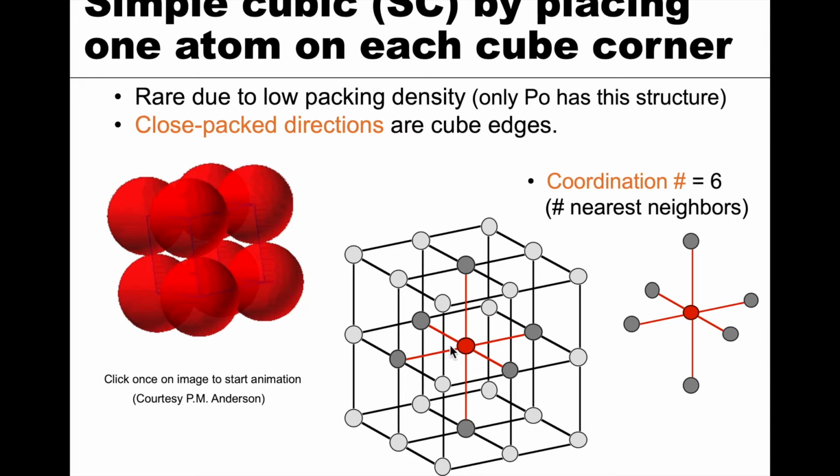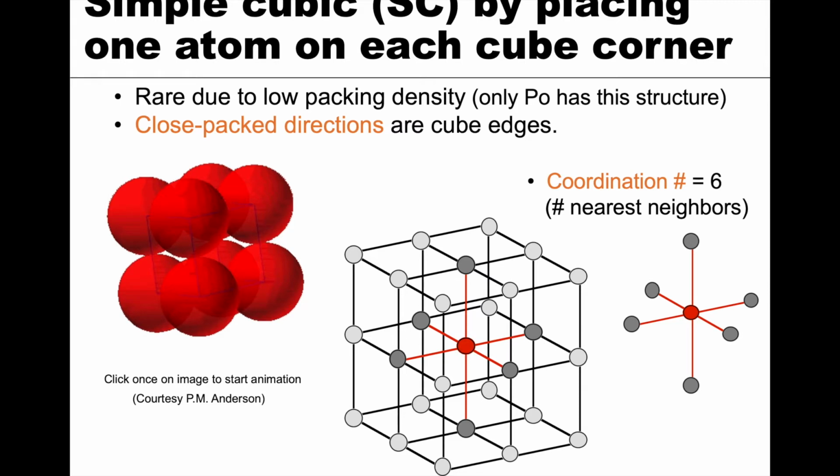Keep in mind again that these aren't the correct size of the spheres. You have to think of them like this. So they are touching, it's just drawn so that it's not touching. So that is 6 nearest neighbors, or what we term the coordination number. So coordination number is equal to 6 in this case.